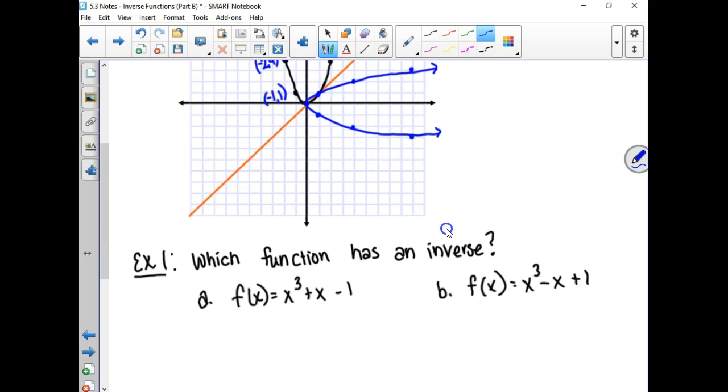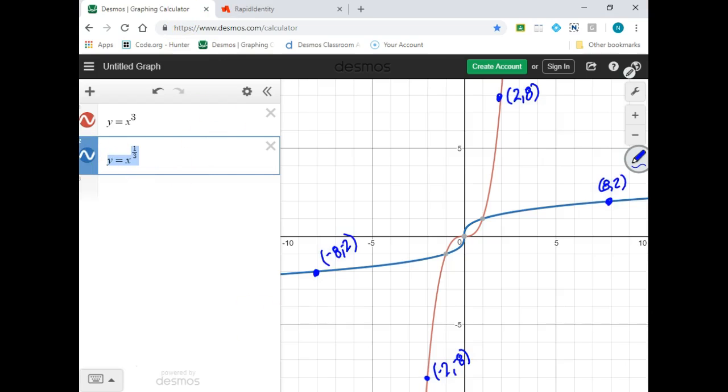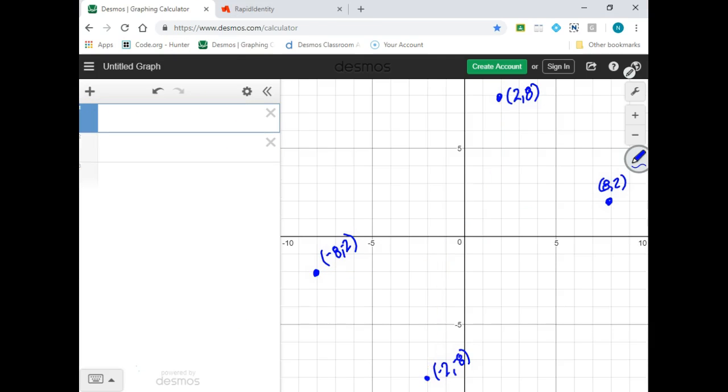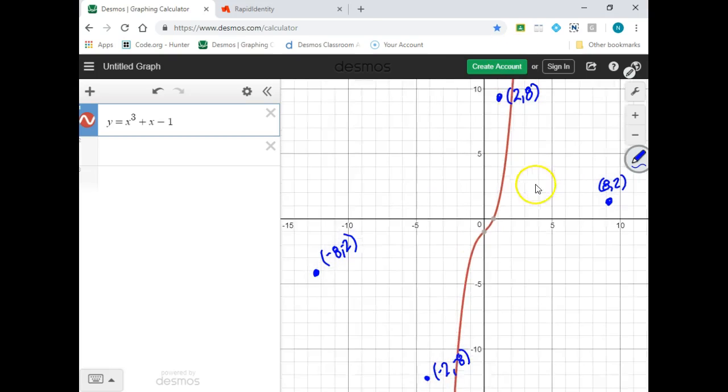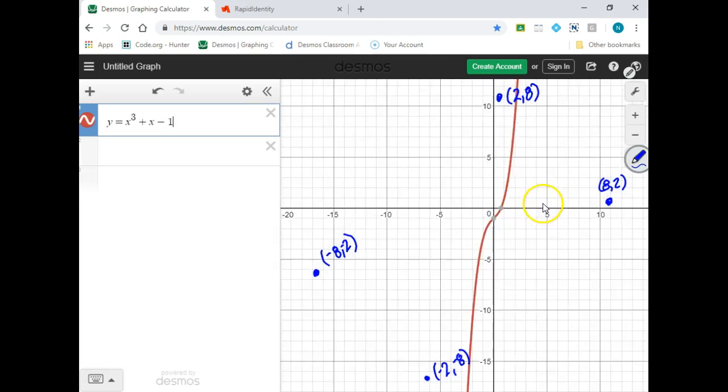If we look at this right here, and we are running out of time, if we want to know which one of these has an inverse, we could graph them. So if I had y equals x to the third plus x minus 1. If we look at that graph, that is always increasing, right? I think, let's zoom out, make sure, yeah.